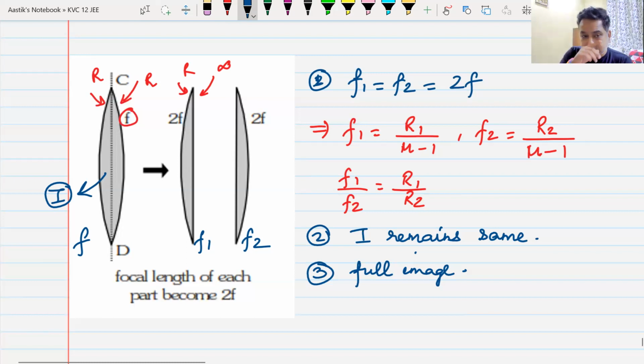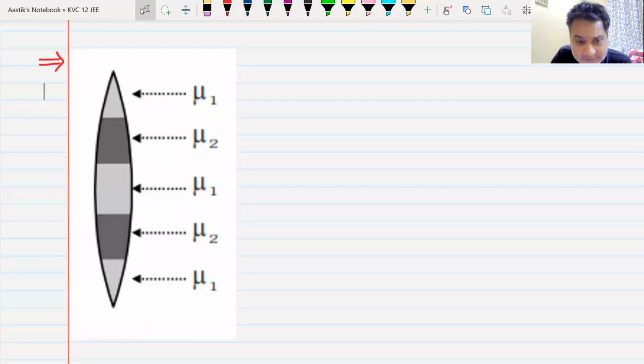Now, the third thing is, you might get a question where you have a lens made up of different glasses of different refractive indices. This particular lens has mu1 on top, then mu2, then mu1, then mu2, then mu1.